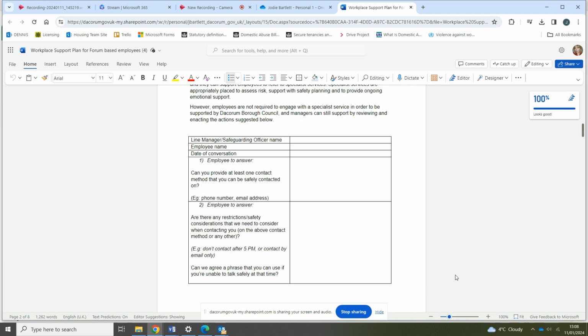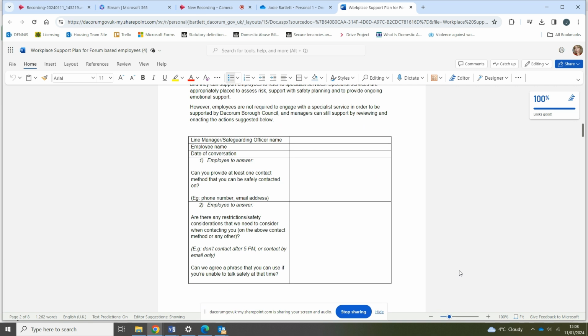We need to bear in mind that for some people, when they leave the workplace, they may be with their abuser, and it may not be safe or appropriate to contact them after a certain time. It may be only suitable to contact them through an agreed contact method, and for a lot of people, if they don't have sole access to their devices, their phones, their computer, it may not be safe or appropriate for us to communicate with them through those channels.